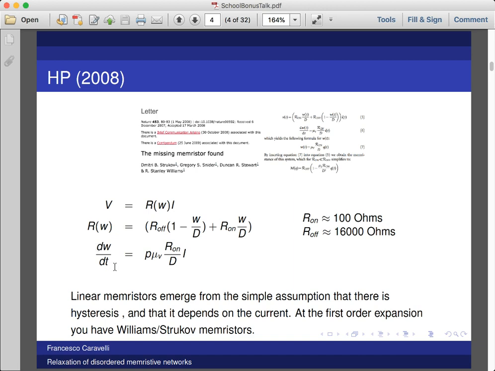The evolution of this parameter then is going to be basically proportional to the current, like the third equation in this slide.